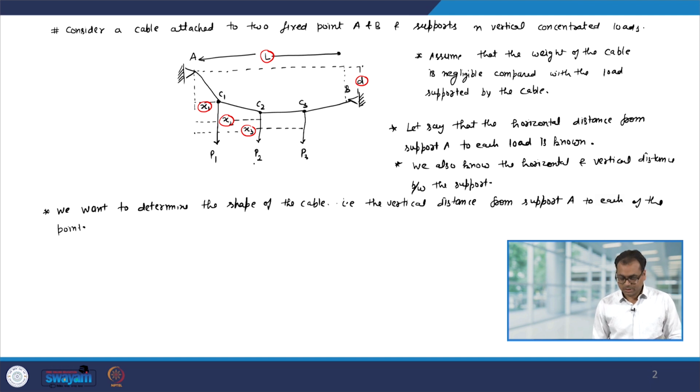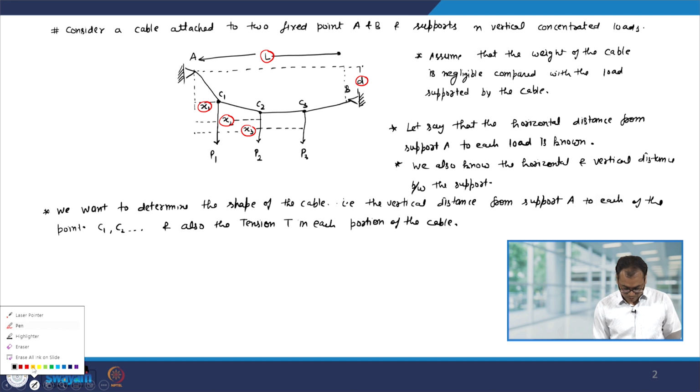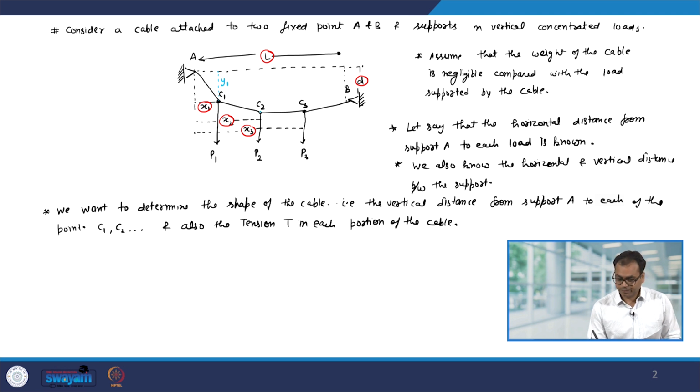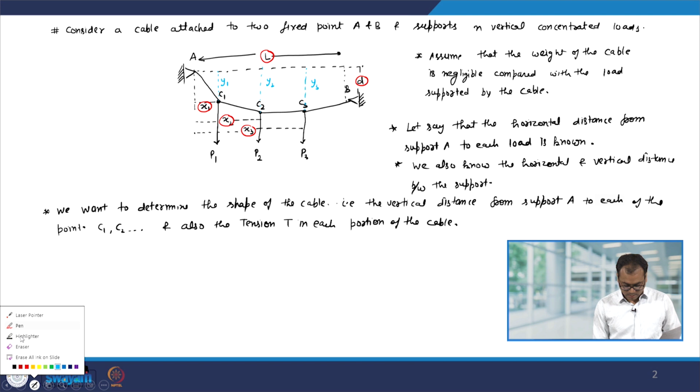So, we want to know their vertical distances, let us say this is Y1, this is Y2 and this is Y3, and also the tension T in each portion of the cable. So, this is the problem statement.